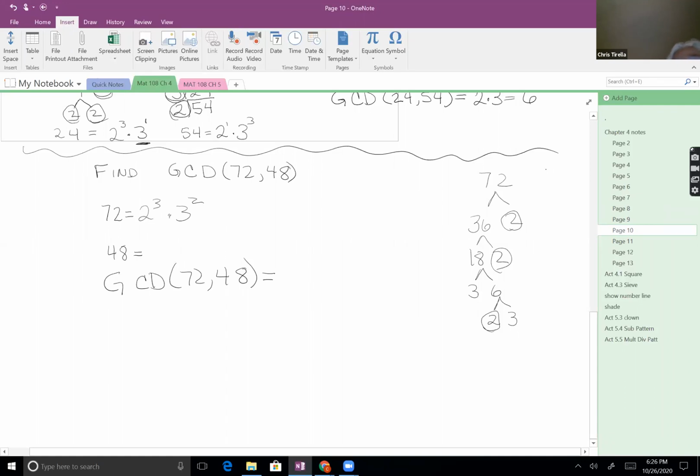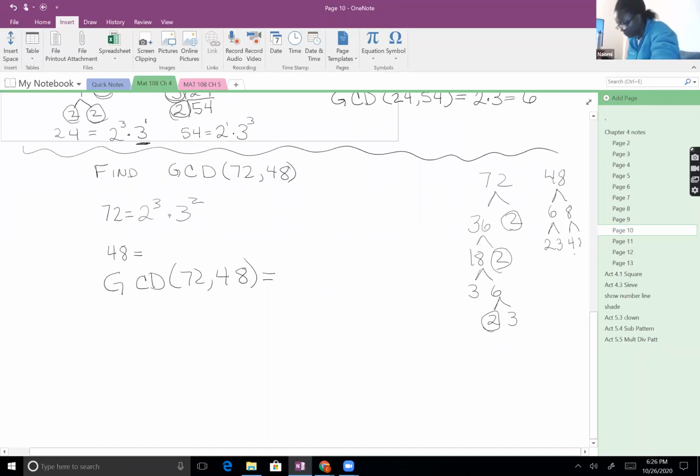How about 48? 6 and 8. I heard 6 and 8 first, so we'll look at the 16 and 3 later. It should take you to the same place. 6 is 2 times 3. How about 8? 4 and 2.